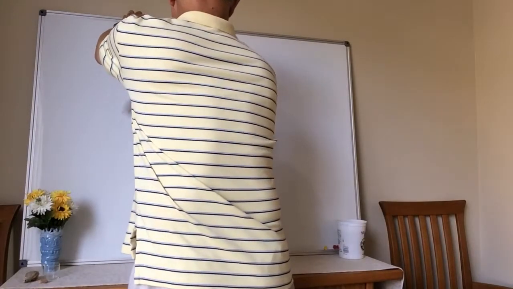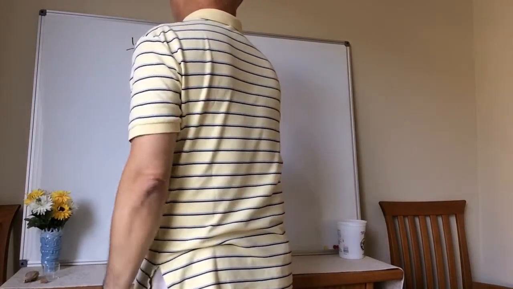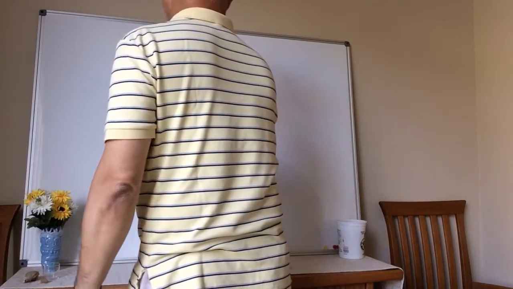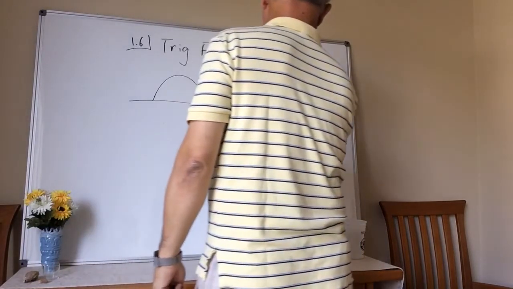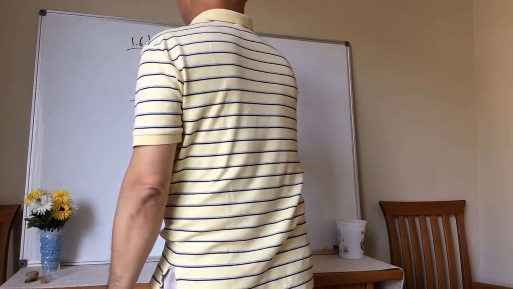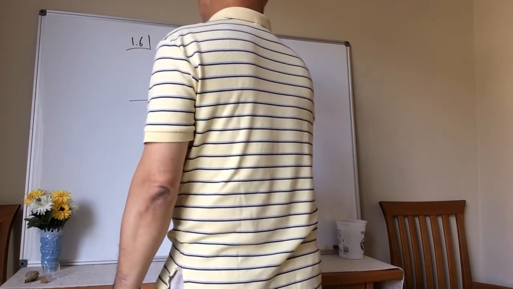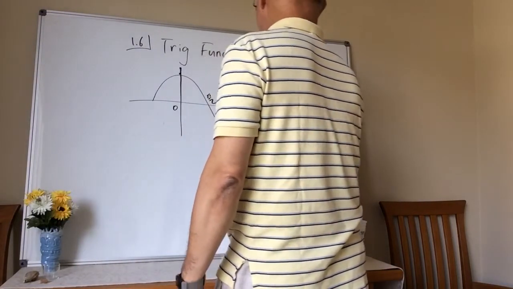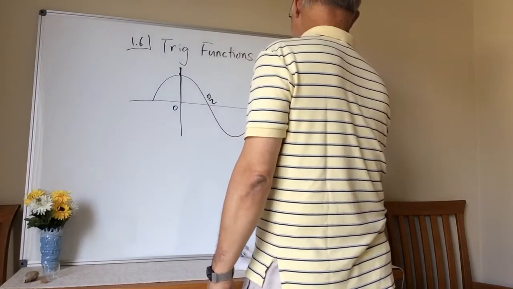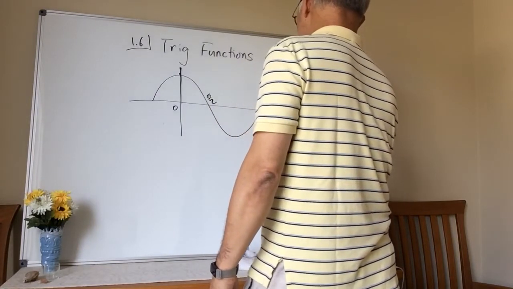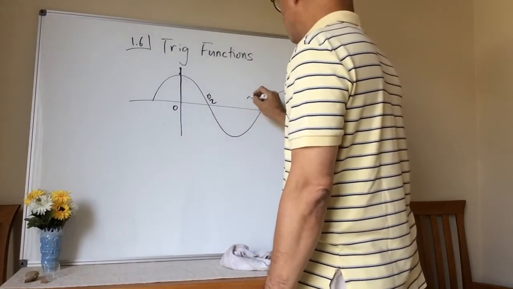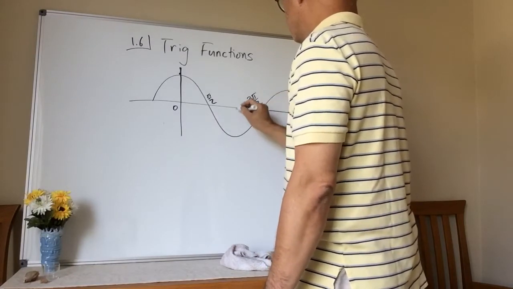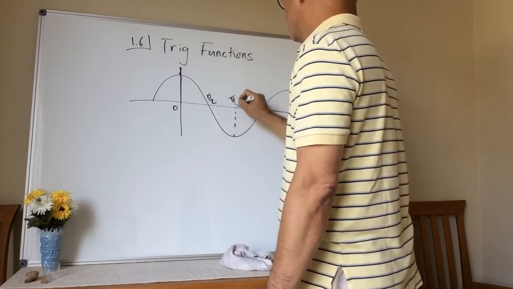Cosine graph looks very similar. The cosine graph is going to look like this, but it starts here, right? So 0, pi over 2, and this is where it repeats itself at 2 pi, so this would be 3 pi over 2, and this guy here would be pi.